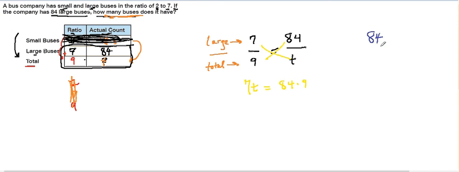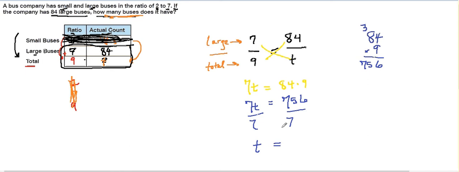84 times 9. I think that's right. 756 is 7T. Now we divide by the known factor. Seven into 756 fits once.